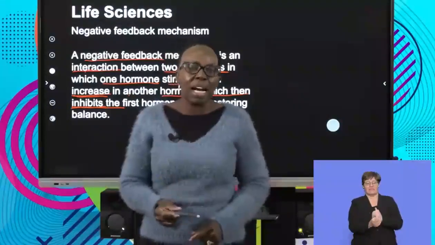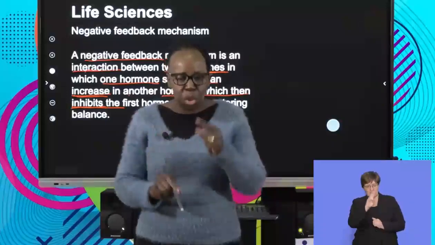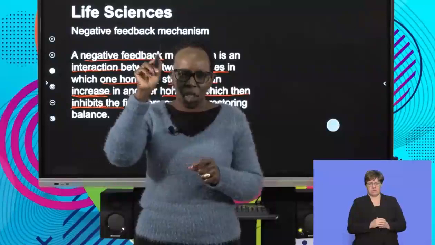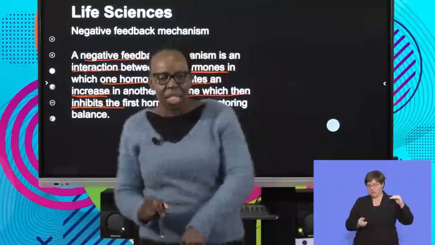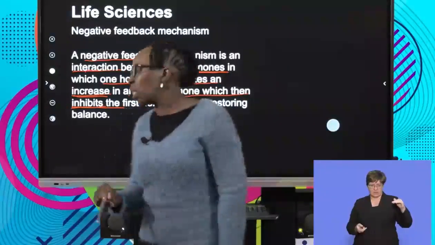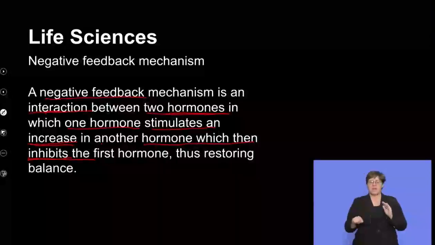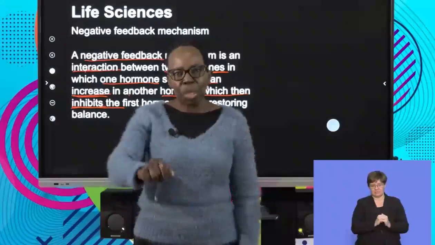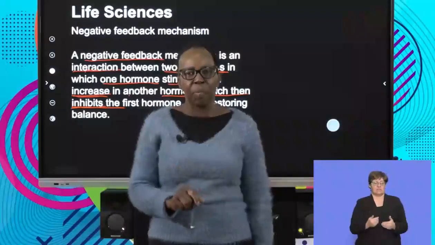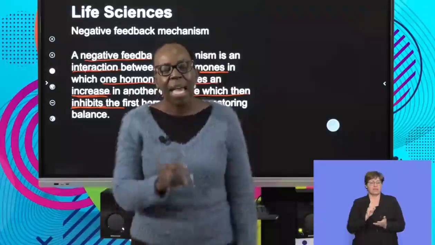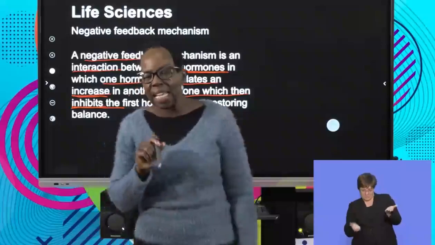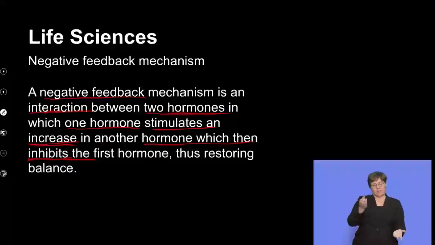You can see now it's an interaction between the two hormones. The other one makes the secretion high and then the secretion is going down. So that's how I said negative feedback mechanism. It's the process that will take us where we were talking about homeostasis as a process whereby the body maintains internal balance.